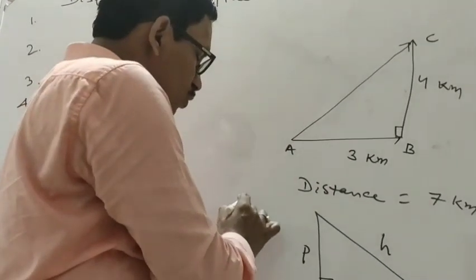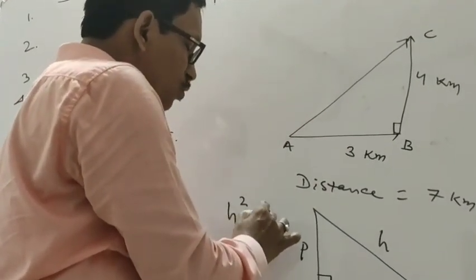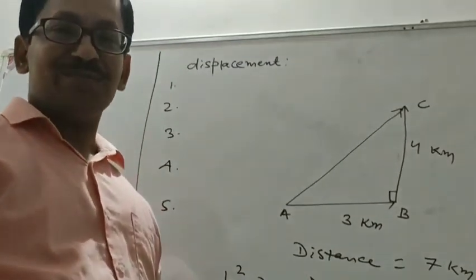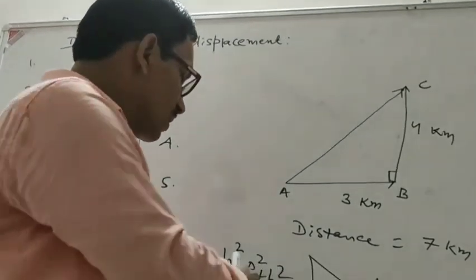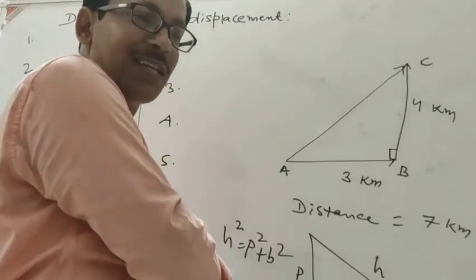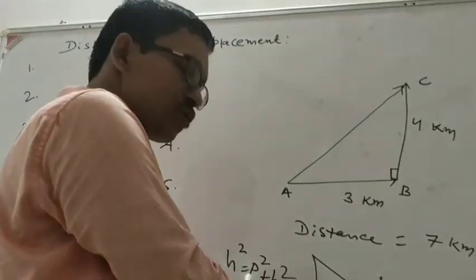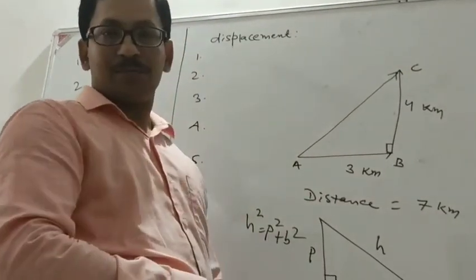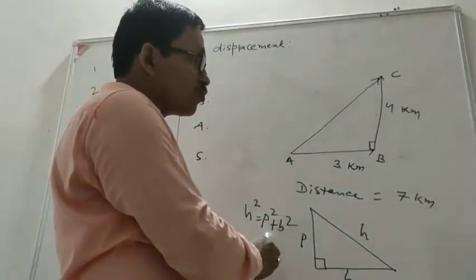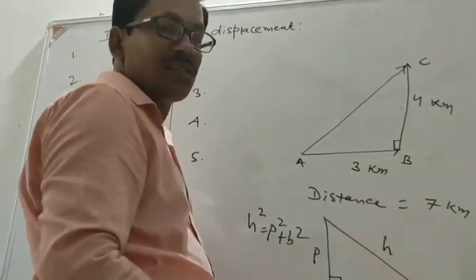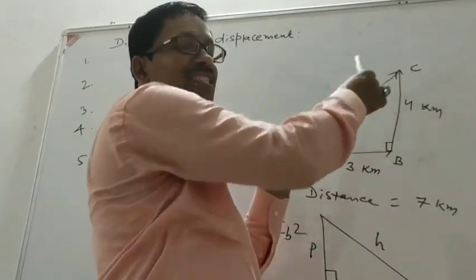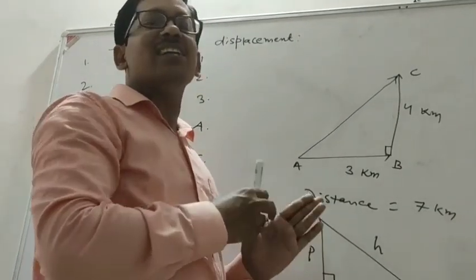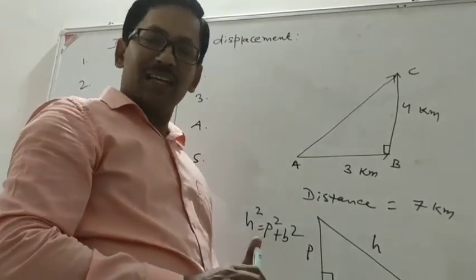That is h square equal to p square plus b square. This is called Pythagoras theorem. That means hypotenuse square equal to square of the perpendicular plus square of the base. So using this one, you can find the displacement here, because displacement is the shortest distance.